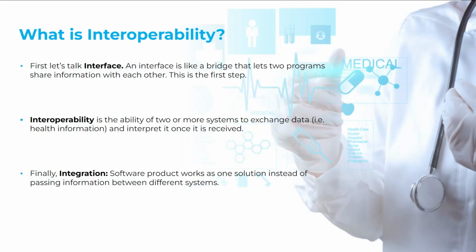And then finally, integration is the next level beyond interoperability. This isn't really that relevant, but I added it here because it's good to see the three levels. This is when the software product works as a single solution instead of passing information between different systems.